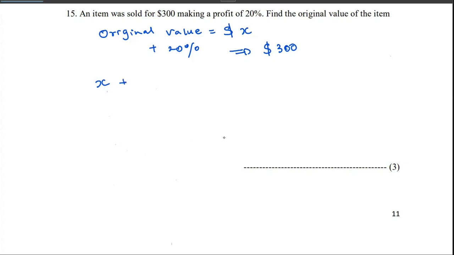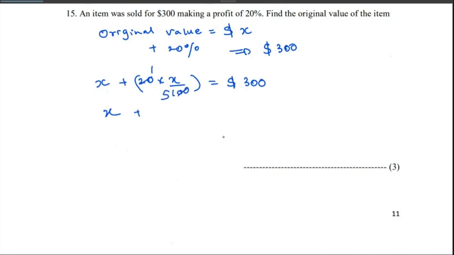X plus 20% of X. That means you have an item that has an original value of X, and then you're going to add 20% to that. So 20 into X upon 100 is equal to $300. Now, this is 20 times 1, 20 times 5.